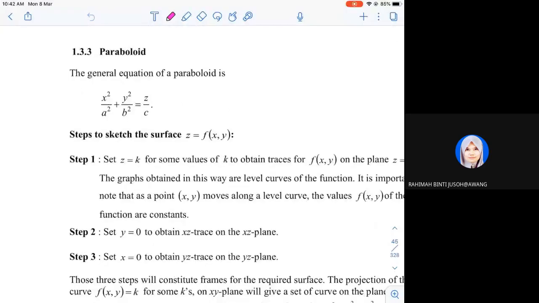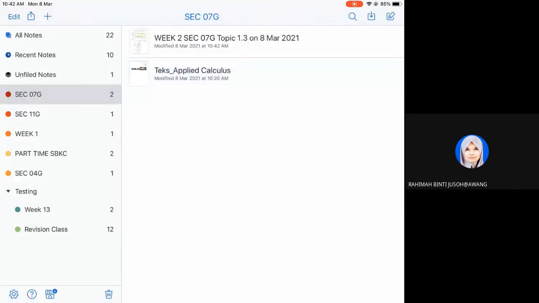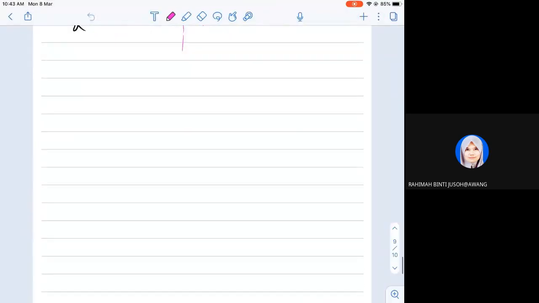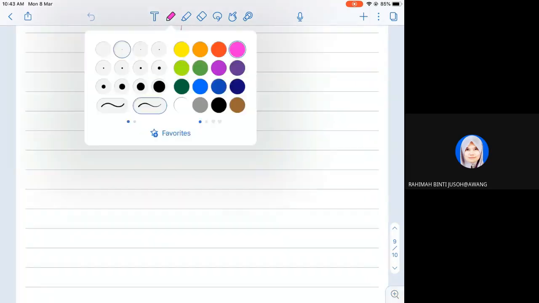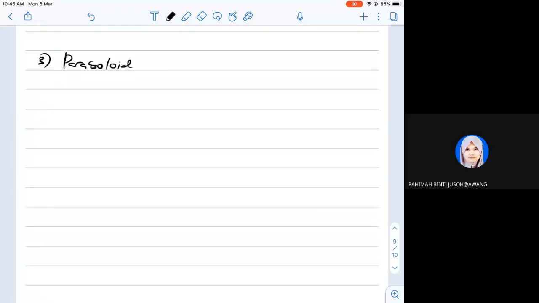Cylinder paraboloid. Okay, paraboloid. Paraboloid ni menarik. I will explain in detail. Saya akan buat step by step. Number 3, paraboloid. I give you one example.